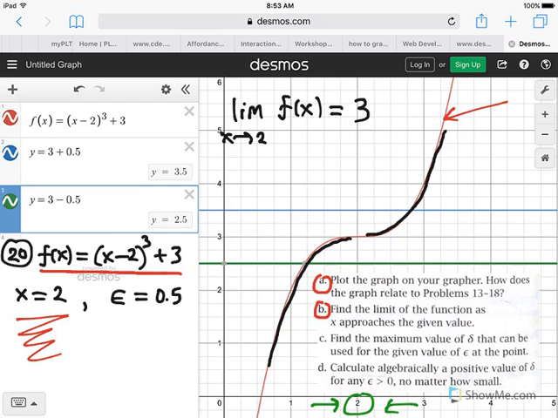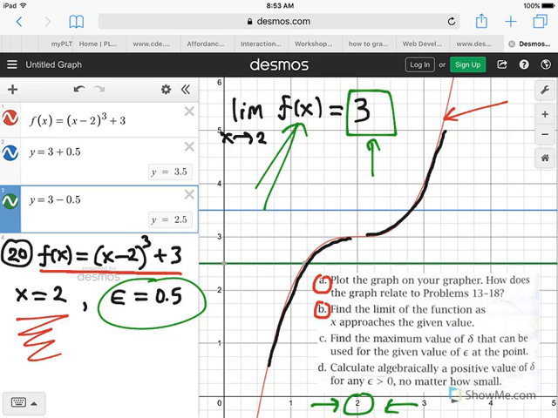So that's part B. And part C says, find the maximum value of delta that can be used for the given value of epsilon at the point. If you look at number 20, the given value of epsilon is 0.5. So what does that mean? That means you're going to let the output values of the function f vary from the limit by as much as epsilon equal to 0.5.